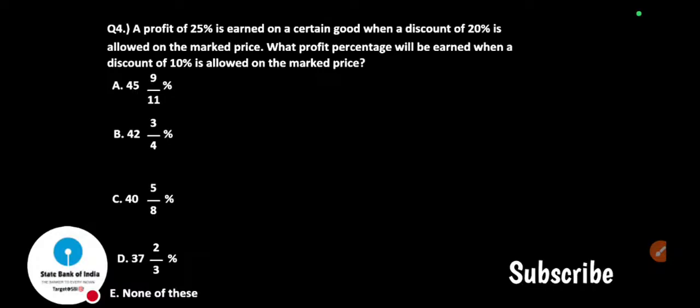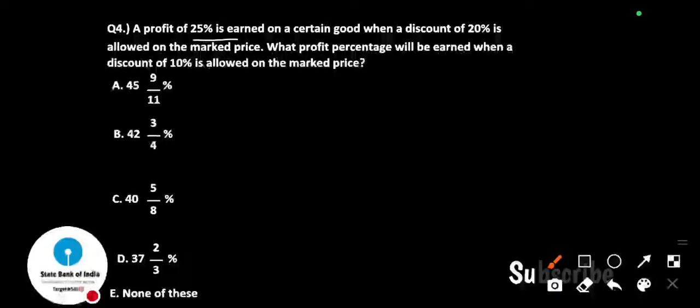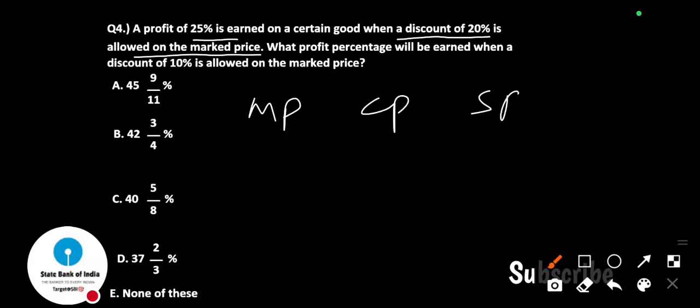Let's solve this question. A profit of 25% is earned on a certain good when a discount of 20% is allowed on the market price. So market price, cost price, selling price. Let's assume the market price be 100, and a 20% discount is given. 20% discount of 100 means the selling price will be 80.